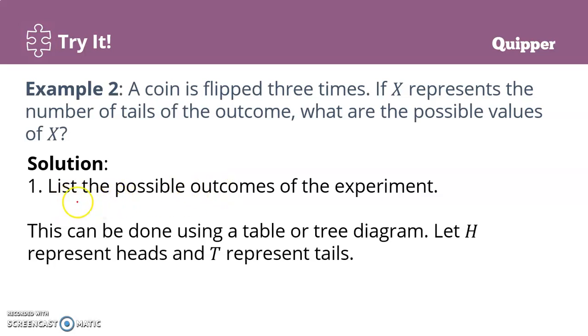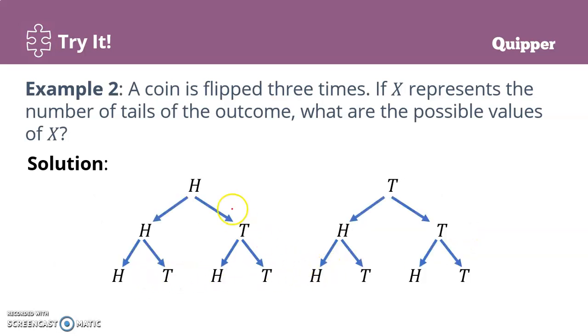So, first, we have to list the possible outcomes of the experiment. Kasi hindi lang siya isang flipping ng coin, ano? So, remember, we are going to flip the coin 3 times. So this can be done using a table or a tree diagram. So we let H represent the heads and T represent the tails.